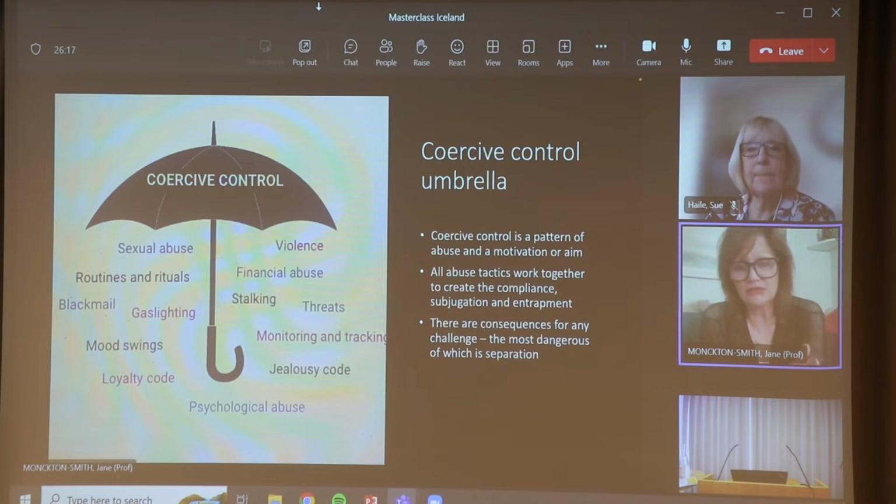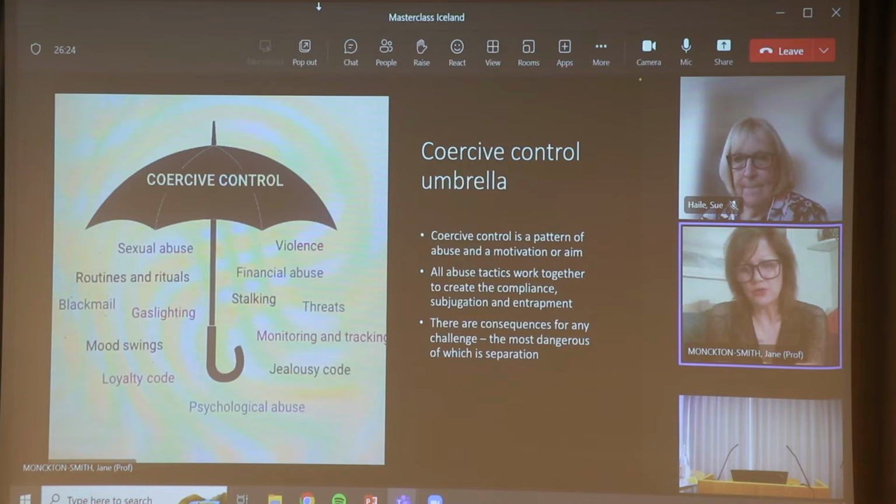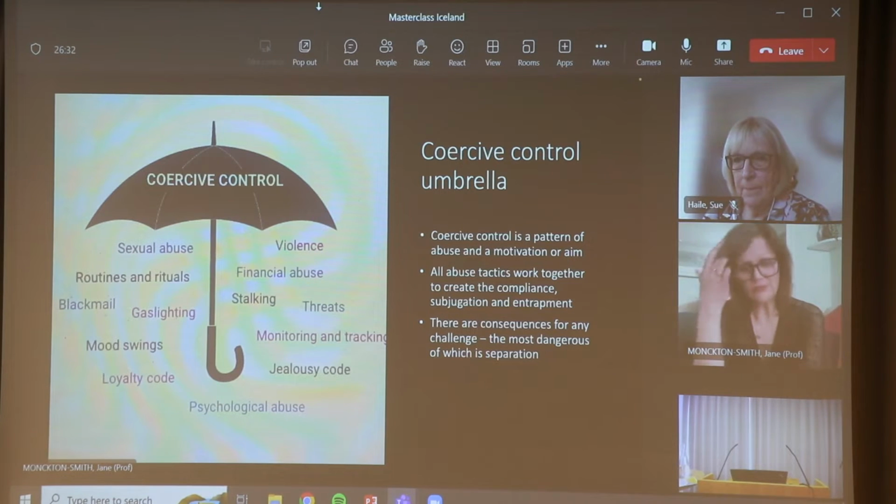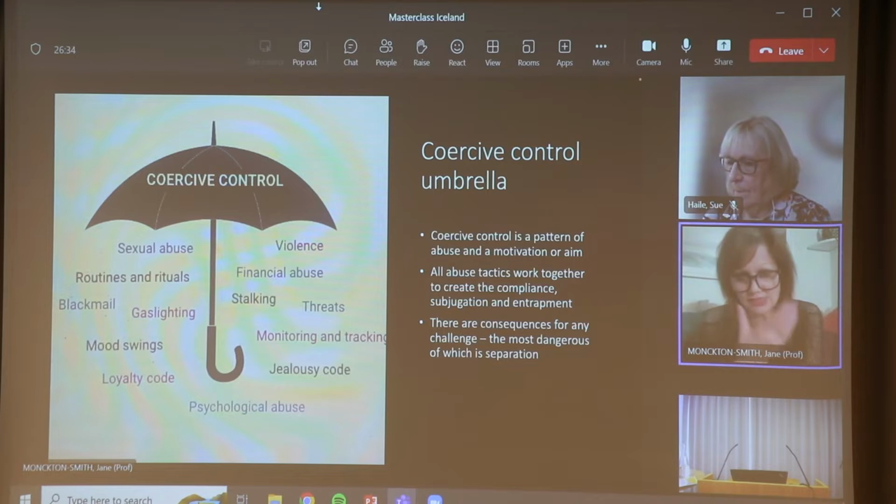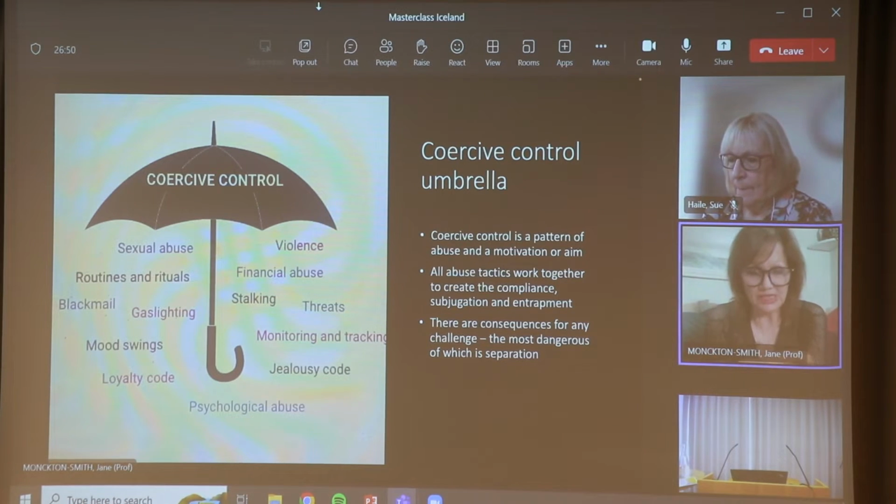I think it's only around 20% of cases of homicide where there was no known violence. But having said that, we have to define violence, and the theorists talking about coercive control have said that any kind of physicality that imposes your will on somebody else will be included in that spectrum of violence.